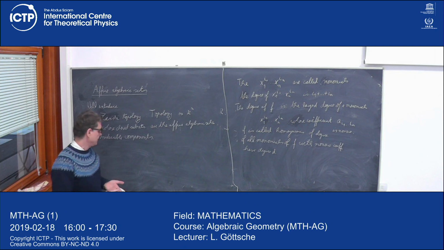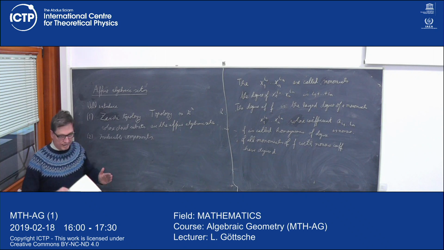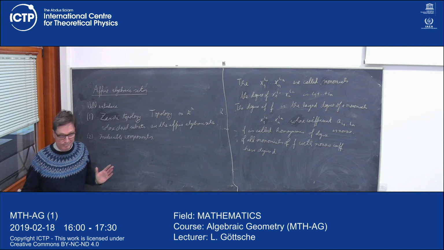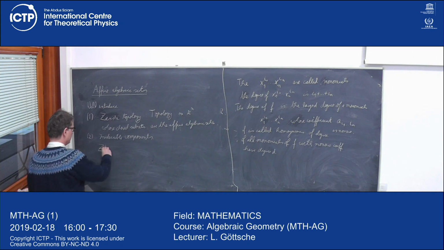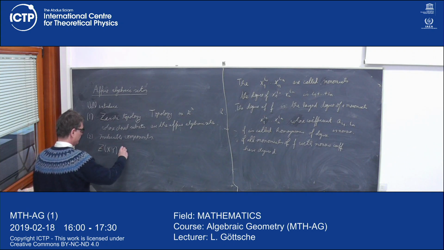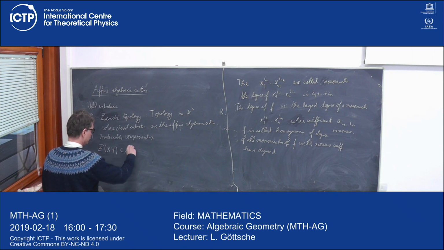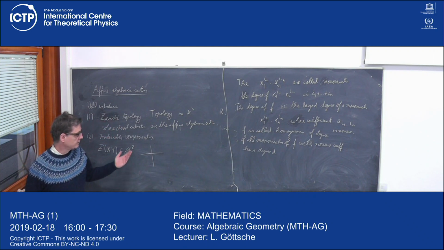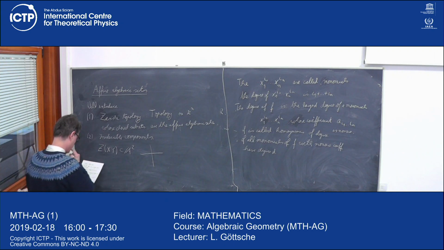And the claim is that any algebraic set can be written as a union of finitely many smaller algebraic sets, so that these cannot be further decomposed. And these are the irreducible components. So just a picture: if you take the zero set of x times y, where x and y are the coordinates on A^2, then this will look like that. And you can imagine that the irreducible components are the x-axis and the y-axis. But we will see that later, in the moment I just introduced it.